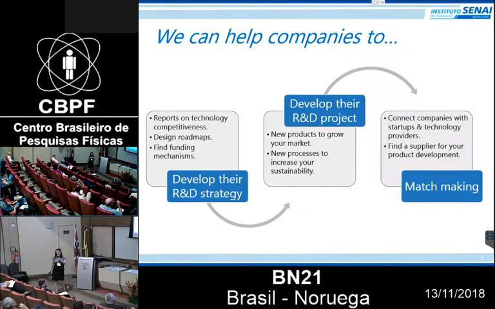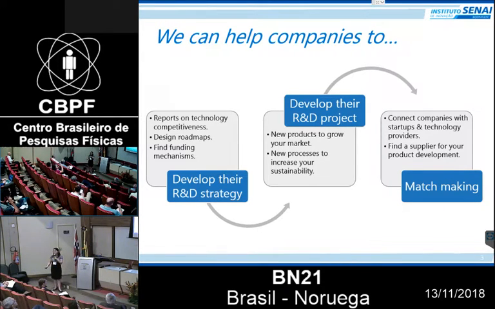What we can do for the company: because we are SENAI, our goal is to support the increase in competitiveness of the companies. To do that, we can help companies to develop their R&D strategy or their R&D projects, because we have laboratories, we have experts, we have PhD and master's researchers, and also matchmaking, because we have big capillarity in Brazil.